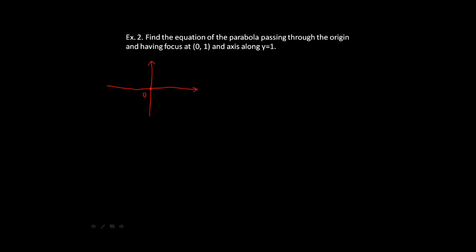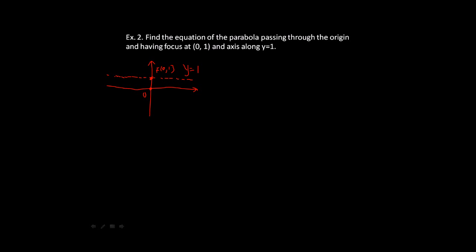Okay, so let's mark it like this, and the axis of the parabola is y equals 1. So let's say this line is y equals 1. And it tells us that the focus is (0, 1), so it is here, so this is the focus. Okay, let's say it is F.